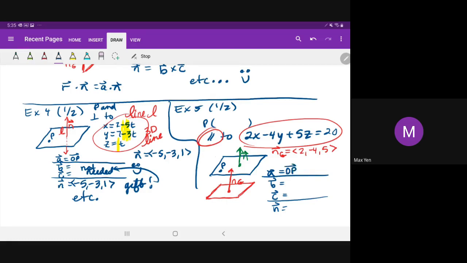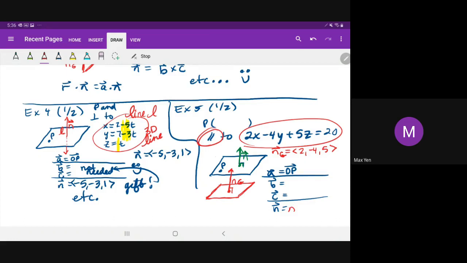So A is OP. So how does N given relate to N? Yes, parallel. So parallel vectors are basically like equal, sort of equal vectors. Okay, so N given is N.